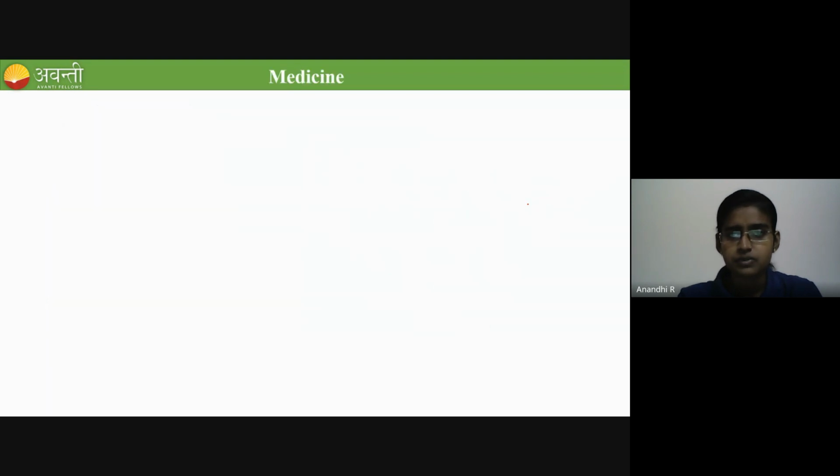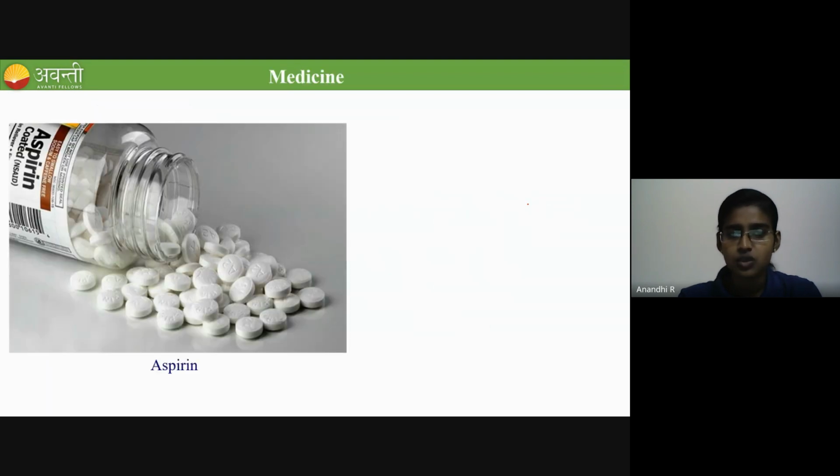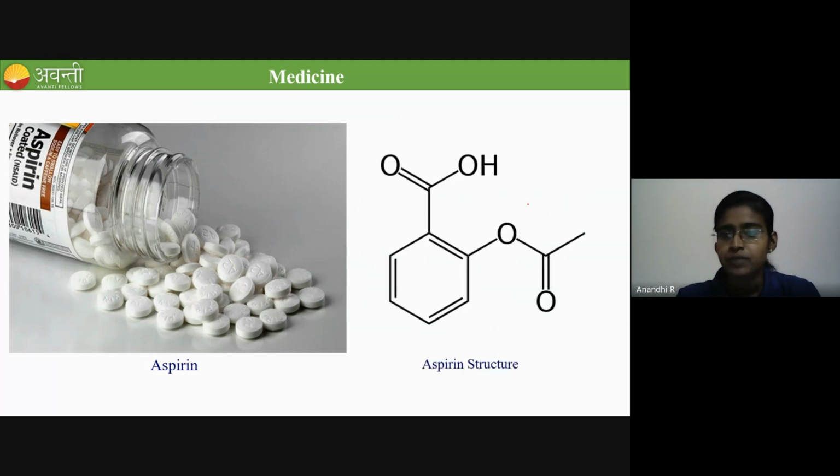And in the medicinal industries, if we take aspirin as an example, you can see the structure of aspirin, which is an organic compound.